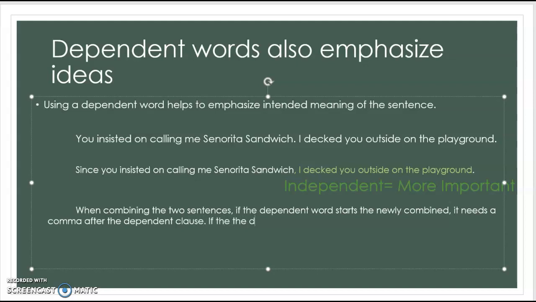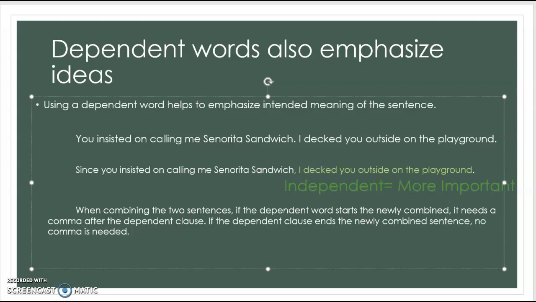If the dependent clause ends the newly combined sentence, no comma is needed. Okay?